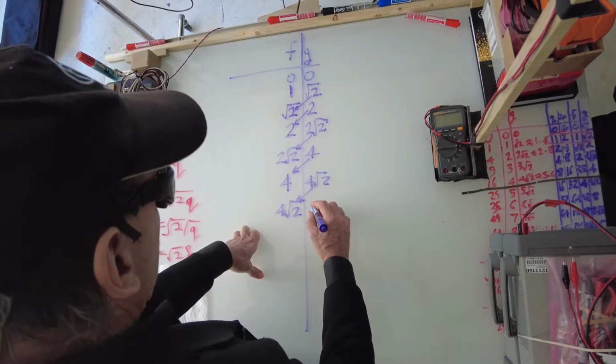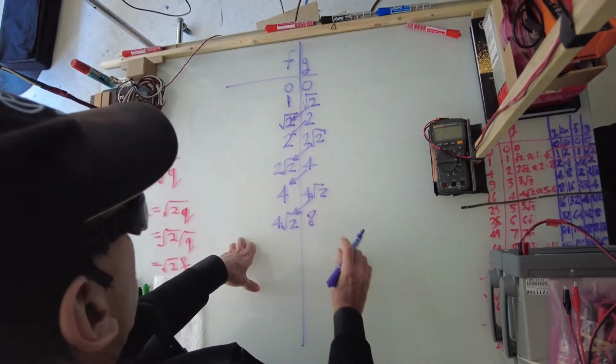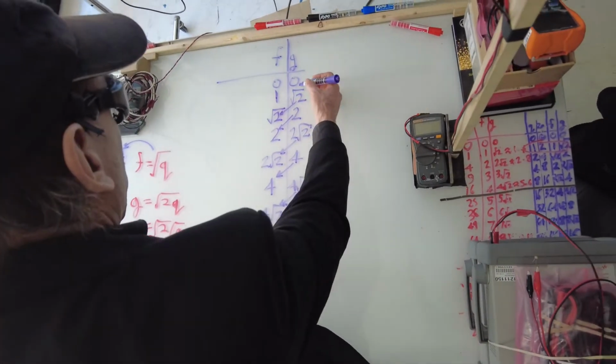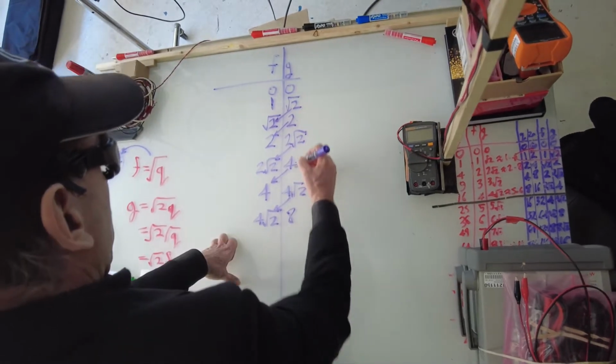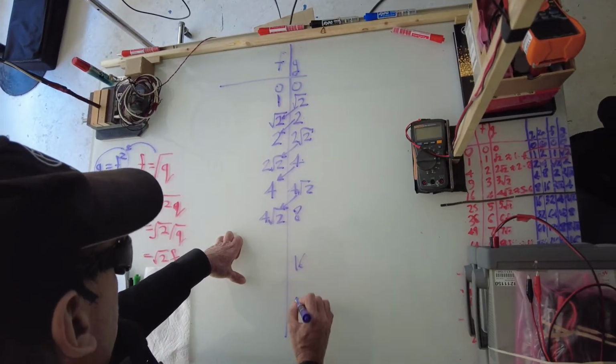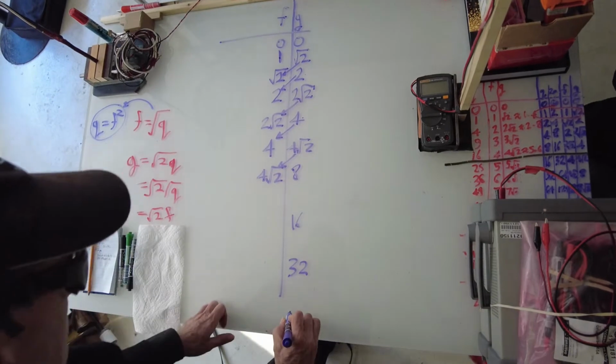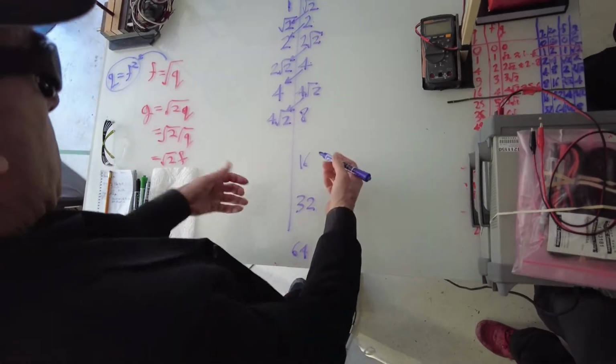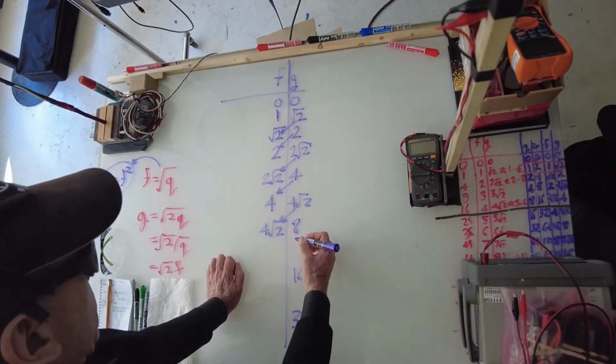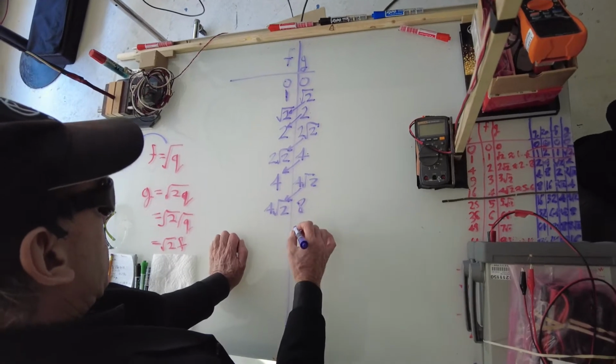you have your twice. So you can see there's a pattern here: 2, 4, 8, 16, 32, 64, and so on. You can see this pattern emerging. This is going to be 8.